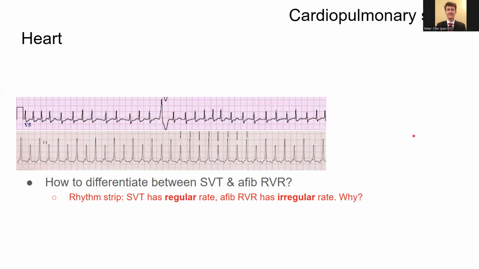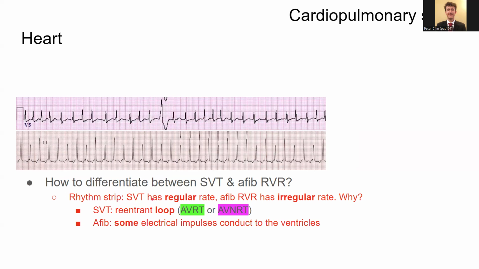So if you think about why this happens, in the setting of SVT, there's a reentrant loop. And so this gets into the category of AV reentrant tachycardia or AV nodal reentrant tachycardia. And then, like we've seen before with AFib, some of the electrical impulses conduct to the ventricles.